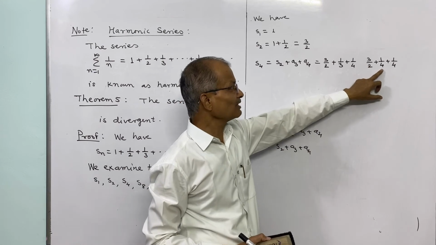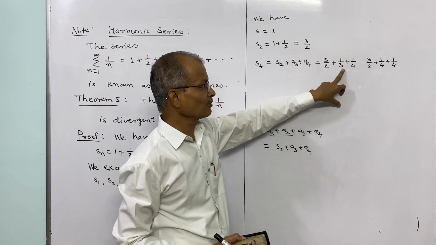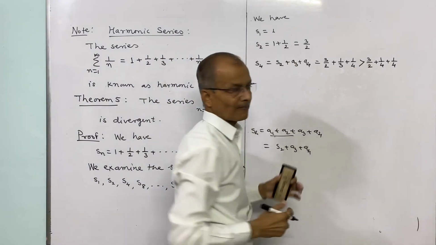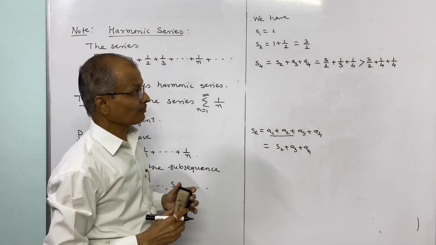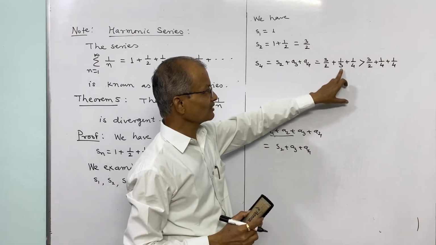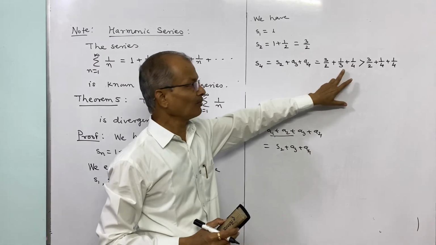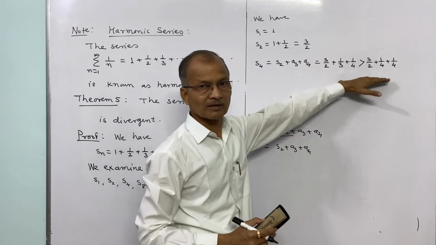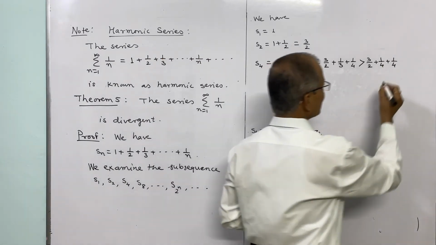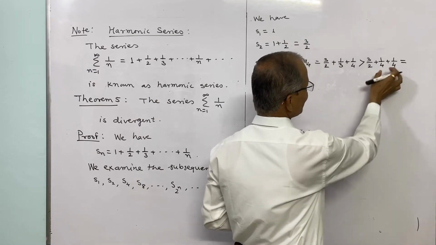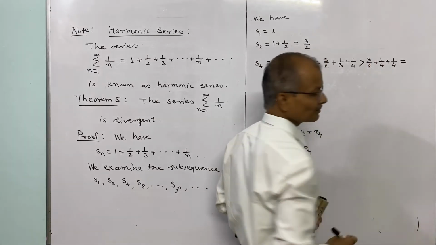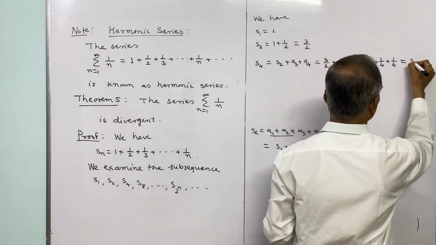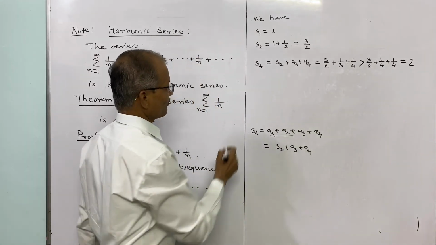So 1/4 is less than 1/3 because where the denominator is smaller, the value is greater. Therefore this expression is greater than the earlier one. We have purposefully written this for comparison, replacing the term by the last term, 1/4. What is this number? 3/2 plus 1/2, that is 4/2, which we can write as 2.